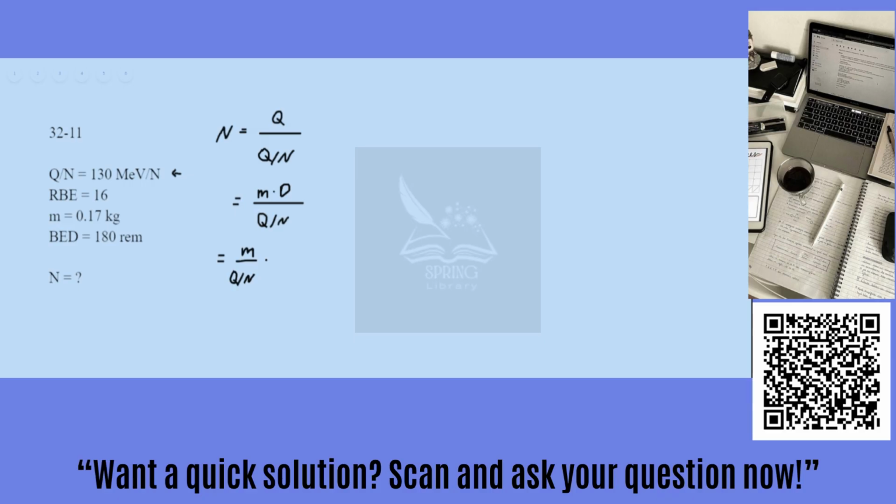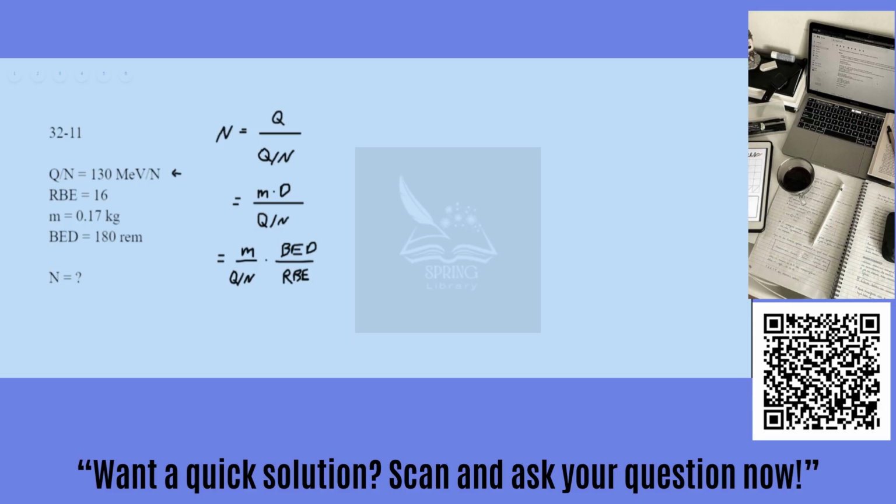For the dose, we know the relationship between BED and RBE. It's simply defined for dose: it's BED over RBE. And now looking at what we have, we know mass, we know Q over N, we know BED, and we know RBE. So we have everything we need.